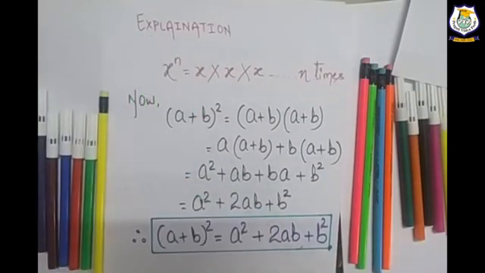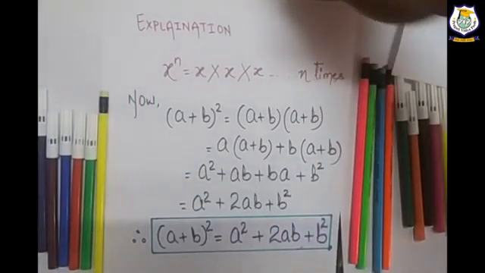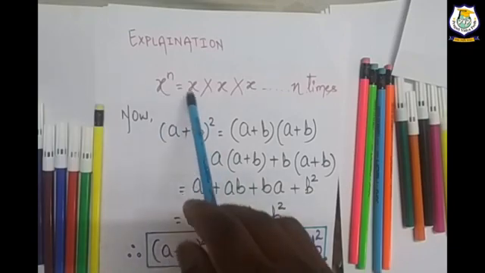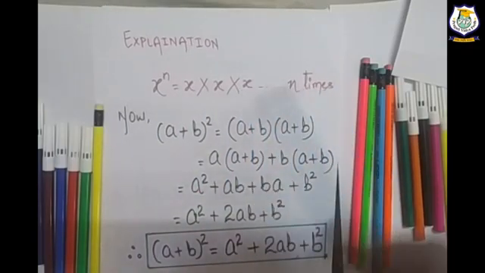But before that, you have to know one basic principle. Suppose there is a term x to the power n. What does it mean? x to the power n means x multiplied by itself n times.